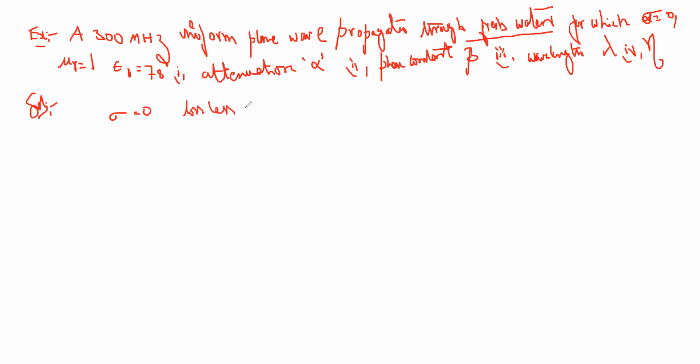So if it is a lossless medium, alpha is equal to 0. For fresh water, sigma is equal to 0, so there is no loss, and the attenuation constant alpha is equal to 0.